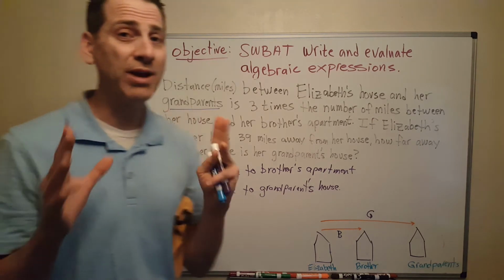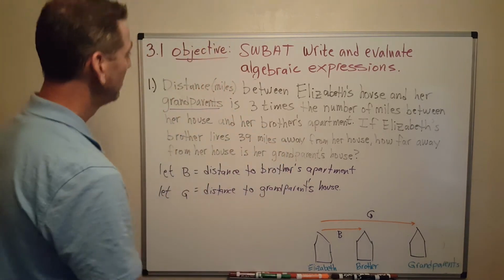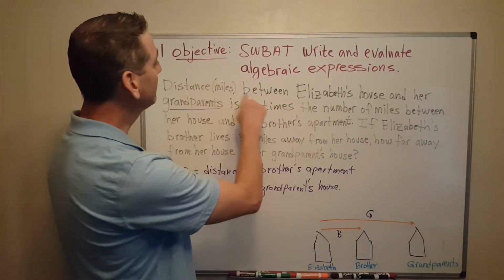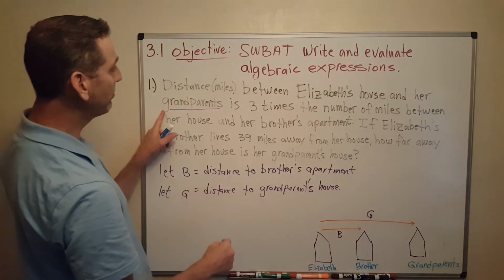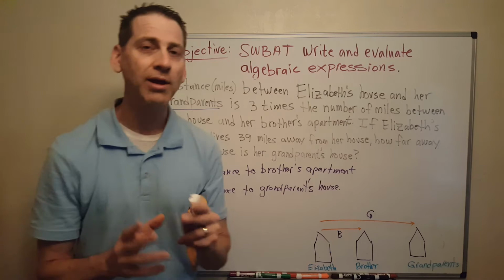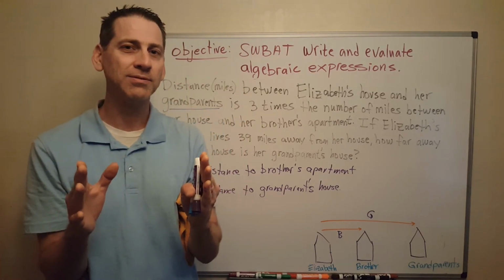Now that I have my variables defined, things get a lot easier. So the distance between Elizabeth's house and her grandparents' house. What are we talking about? From Elizabeth's to grandparents, what variable am I going to use?